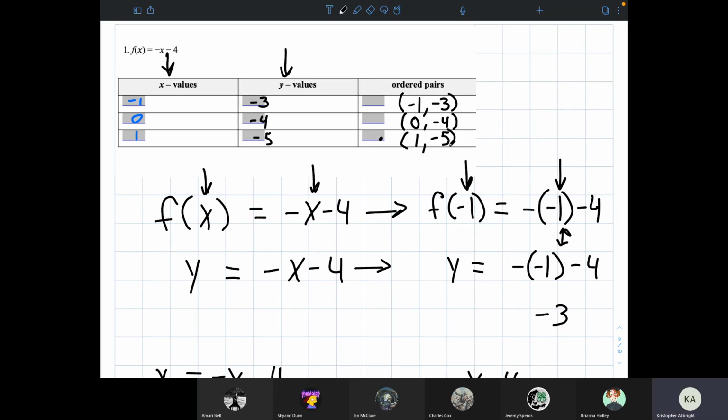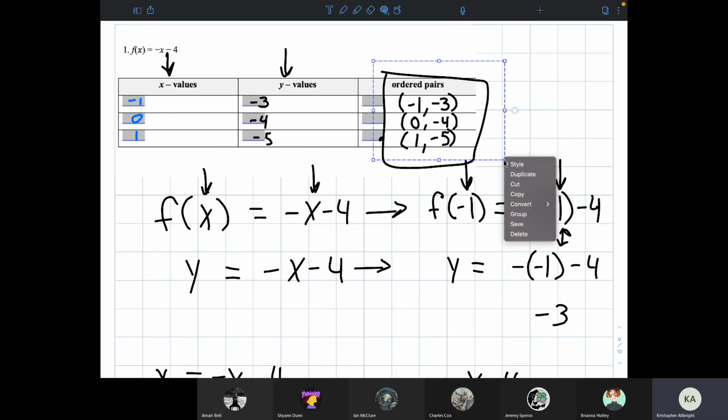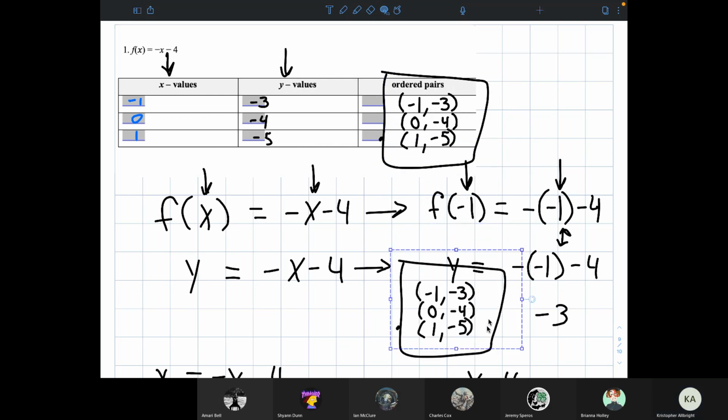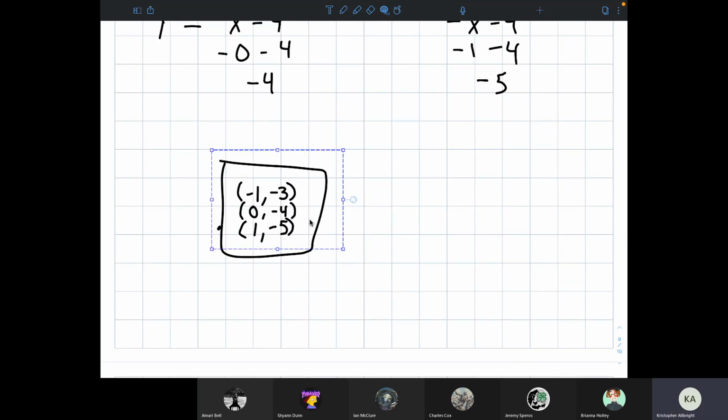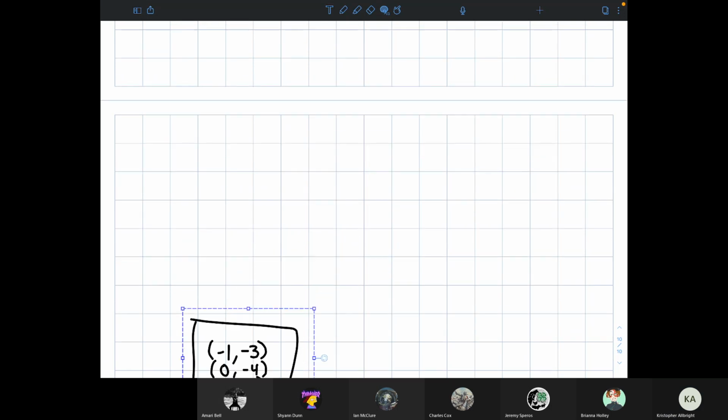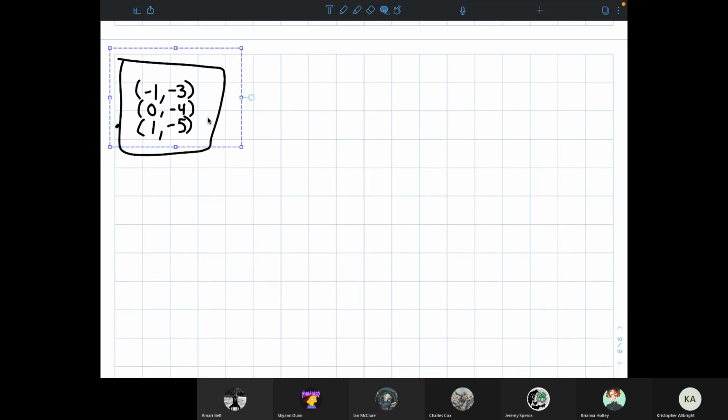So that's all it wants you to do for graphing functions. Now that you have these ordered pairs, you just put them on the graph, exactly like we were doing before. So if I copy these and bring them down, let's put them on a graph.